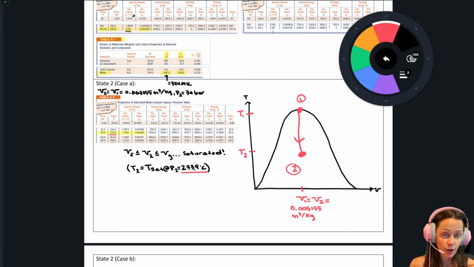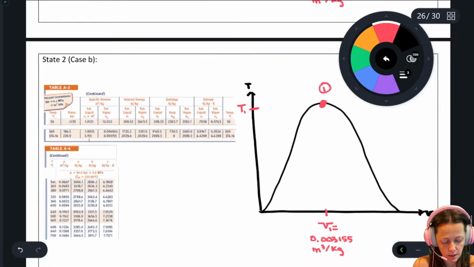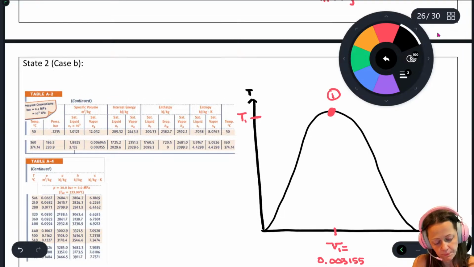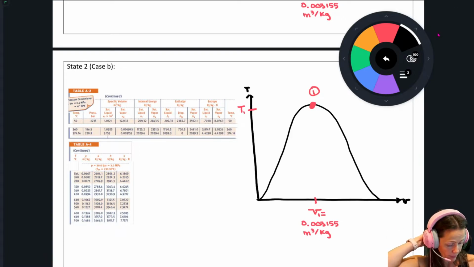That's a constant specific volume process. Now we're going to look at a constant temperature process. So case B: I know what state 1 is, and I know the temperature, 374.14 degrees Celsius.